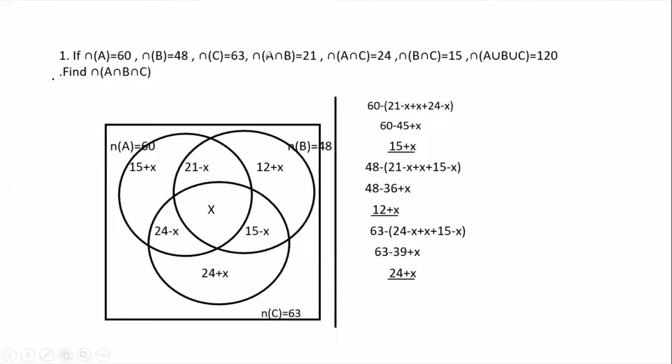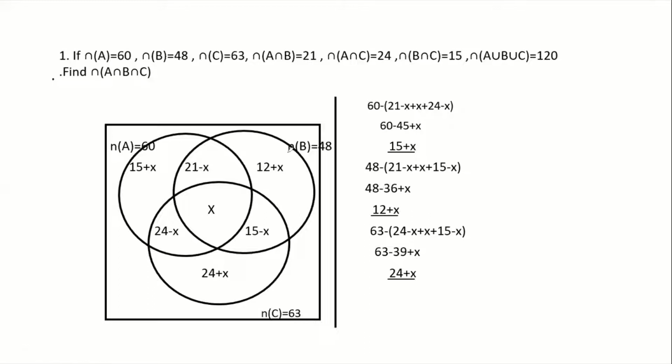So they are telling us the number of A intersection B is equal to 21. We come back to our Venn diagram, look for where A is and where B is.